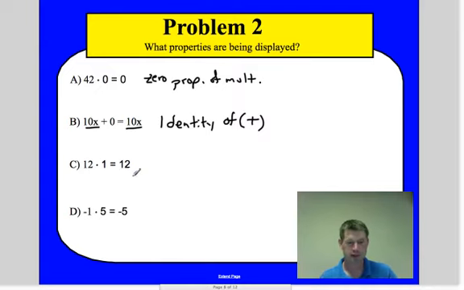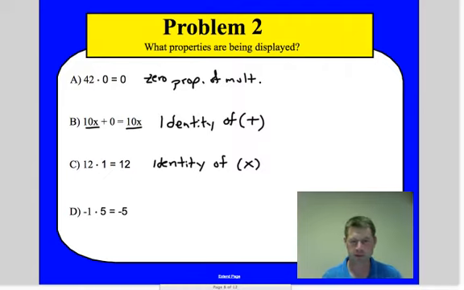Okay, C here, we have 12 times 1 is equal to 12. Again, there's the same thing, it's being the same. So this is the identity of multiplication. Again, if you want to use the x, that's fine. You can go identity property of multiplication.